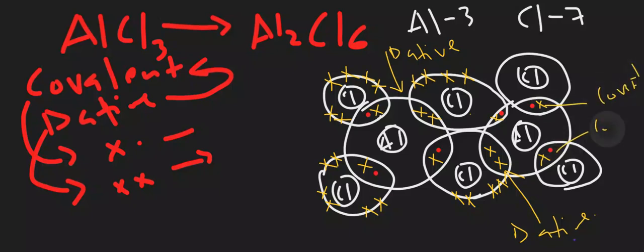This one, covalent. Do not forget that this chlorine will be left with 6 because it only gave 1 shared electron. Similarly, this other one will also be left with 6 because it only gave 1 shared electron. And that is how we form the bonds of aluminium chloride.